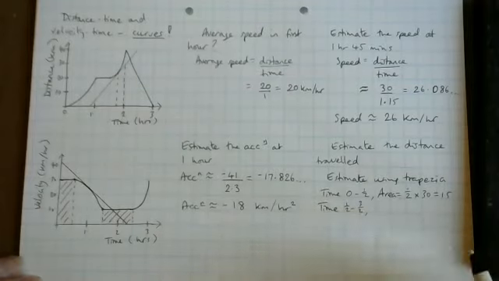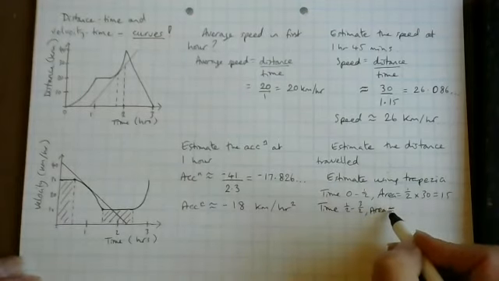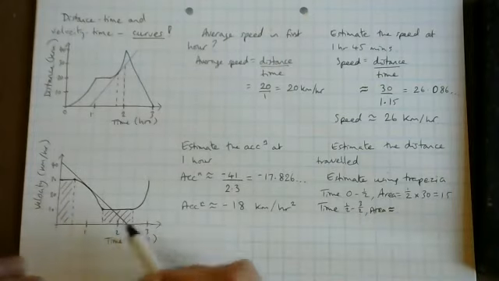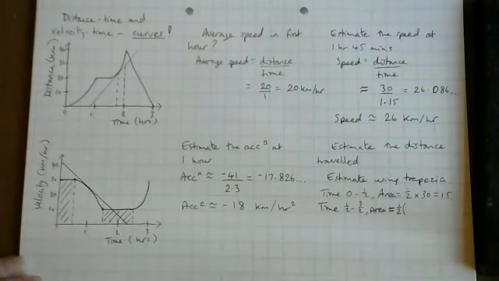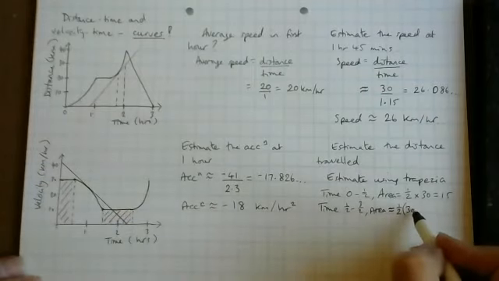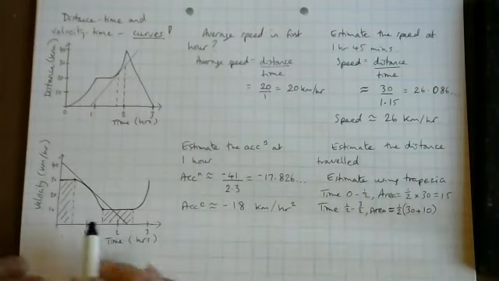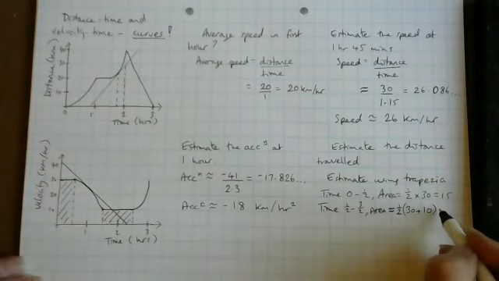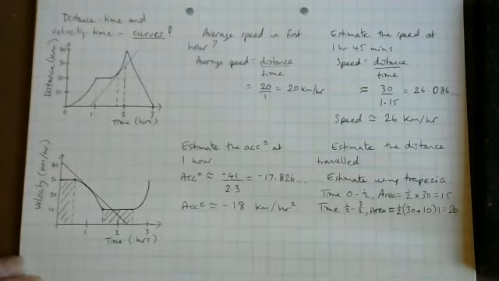What is 3 over 2? Area equals approximately. Estimating as a trapezium, we have half A plus B, 30 plus 10, times 1. That equals half times 40, 20.